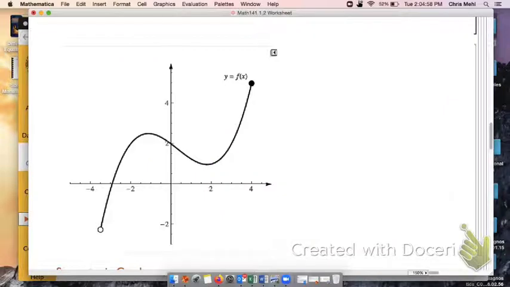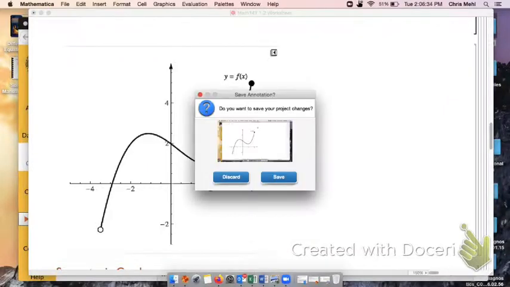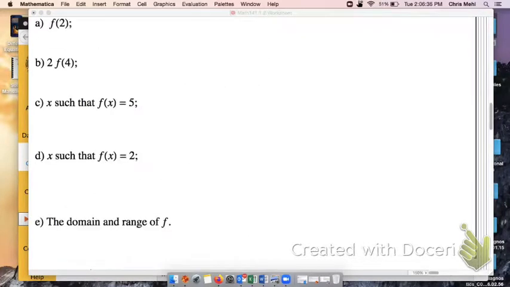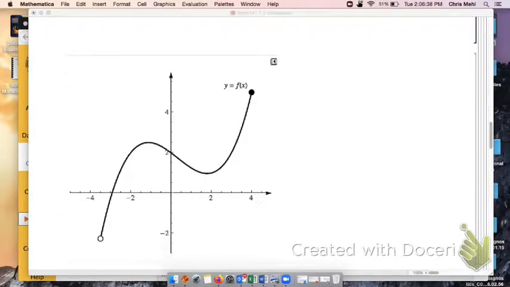Now, the next, part B, is 2 times f of 4. Okay, so part B, I need to find 2 times f of 4. There's really a multiplication going on here, and you actually have to find f of 4 first. So this will be 2 times whatever f of 4 is.